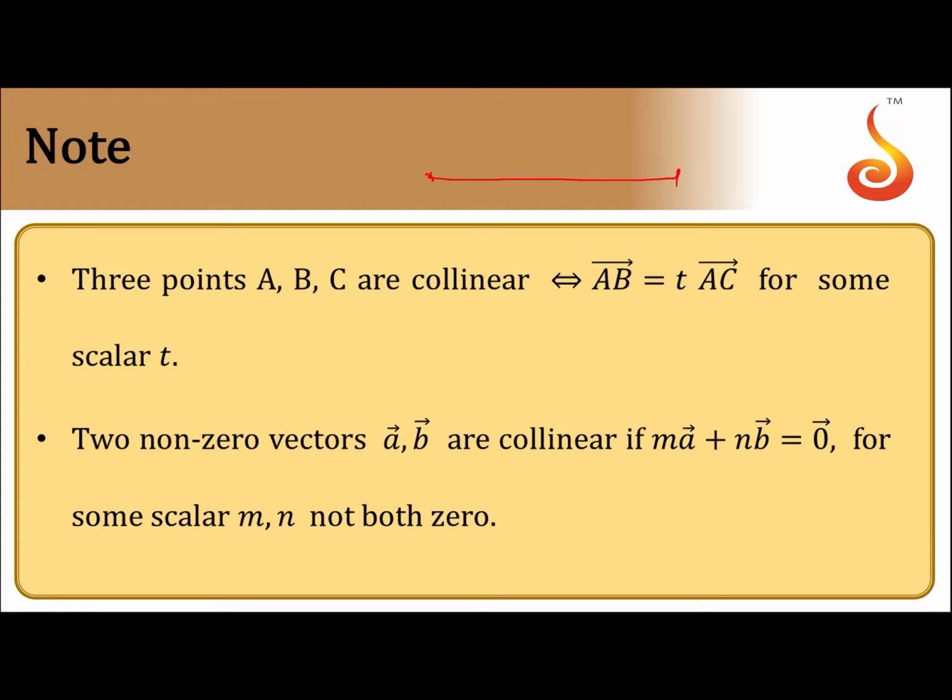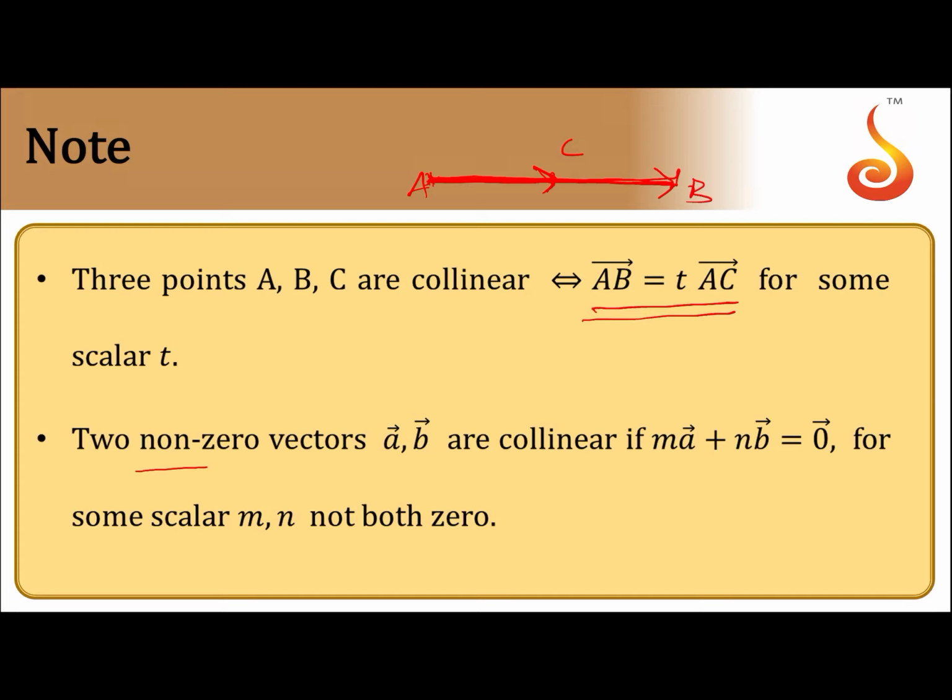If A, B, C are any three points which are collinear, then AB is a vector along this line, and AC is another vector which lies on AB, and it may be half of it, one-third of it, or two-thirds of it. I can compare the AC vector and the AB vector. The AC vector is some multiple of the AB vector, that is a scalar multiple.